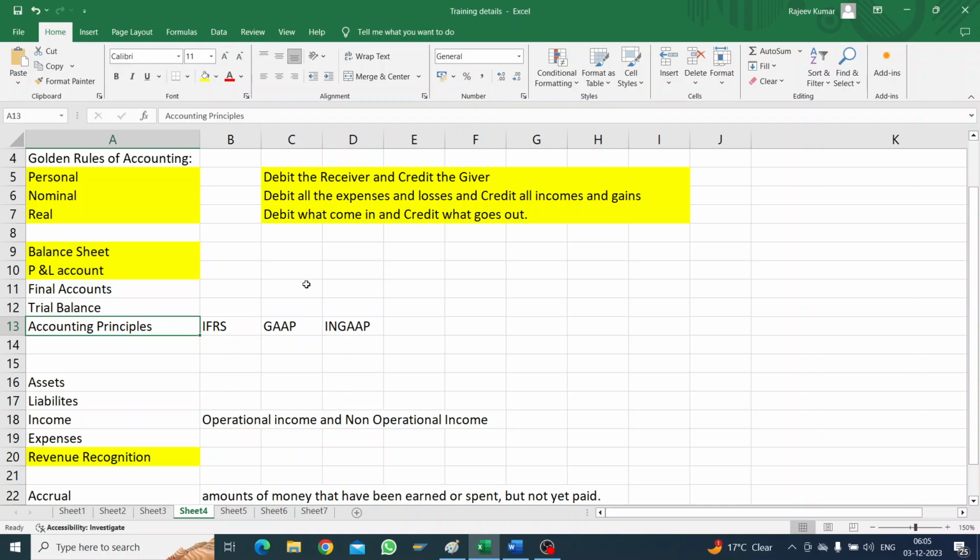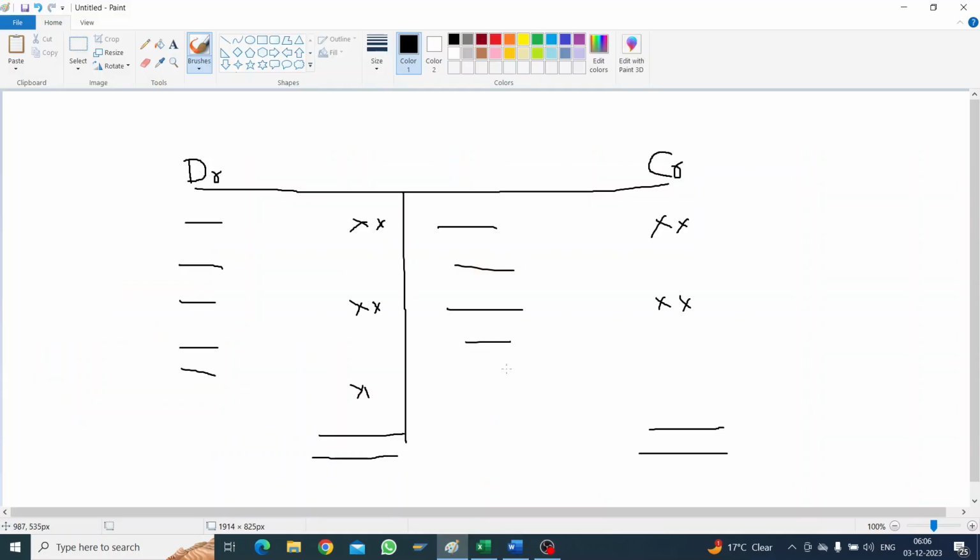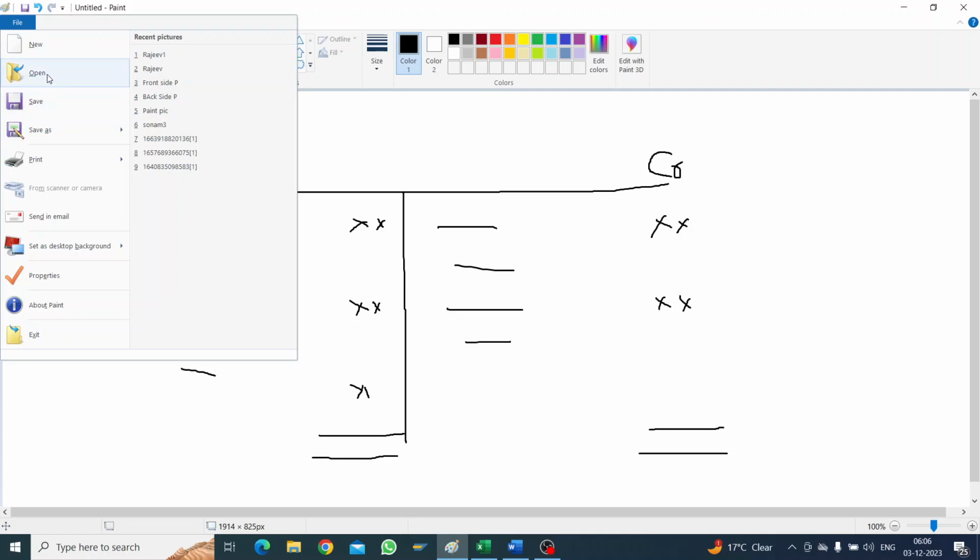Now, if we talk about the balance sheet, on one side you will find assets and on the other side you will find liabilities. Usually it is in a T-shaped structure. Let me go back to the sheet where I was just talking about. Suppose, for example, let me open a new screen.